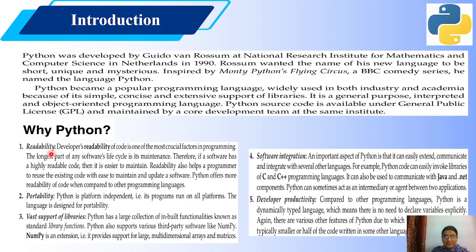Was it easy to understand? Of course, not. And just like that in programming, if code is messy, it's hard to maintain, right? So Python looks almost like English, so it's easy to read, write, and maintain. And it offers more readability of code when compared to other programming languages.